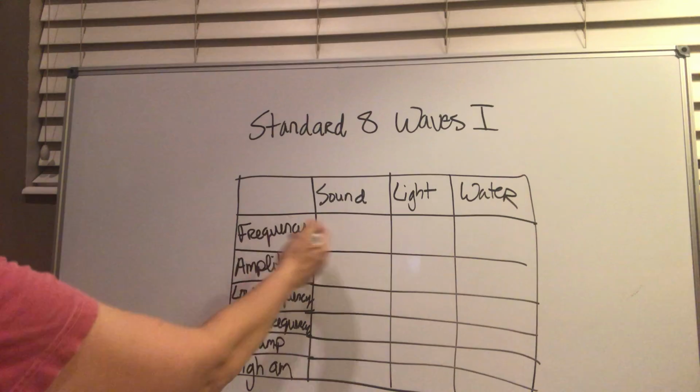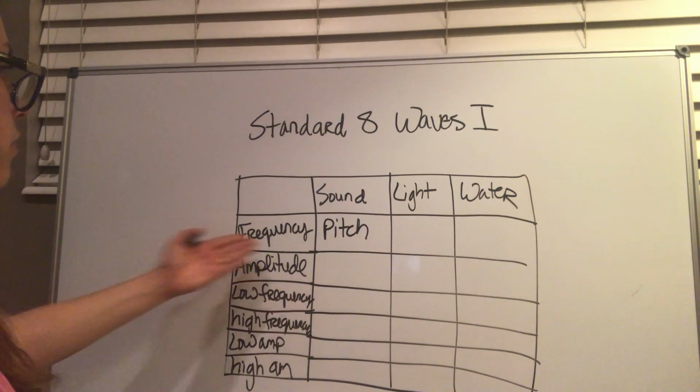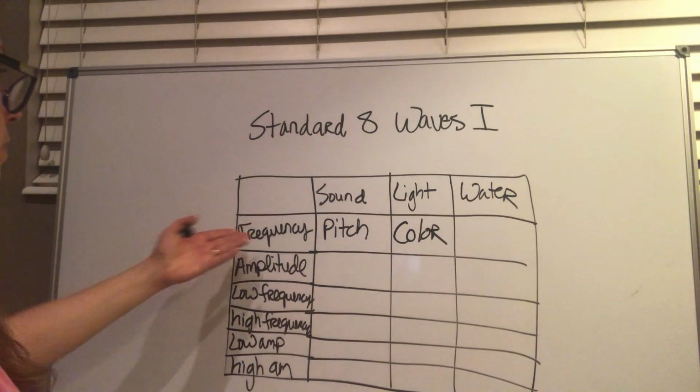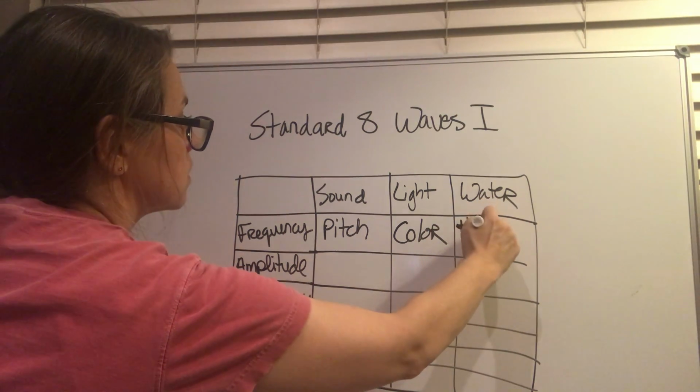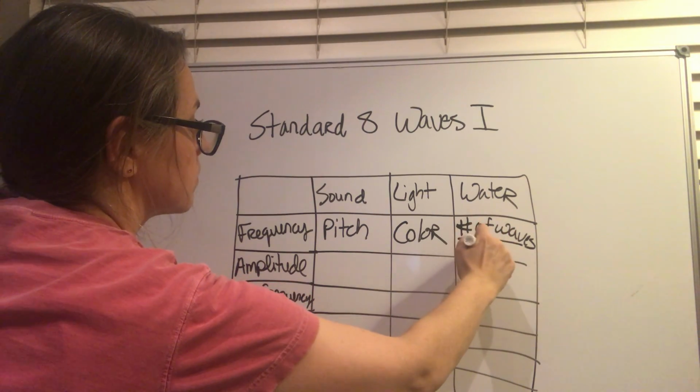Okay, so when we're talking about frequency and sound, we're talking about pitch. We're talking about frequency for light, we're talking about color. When we're talking about frequency and water, we're talking about the number of waves over time.